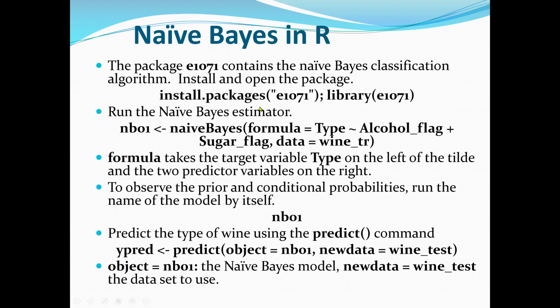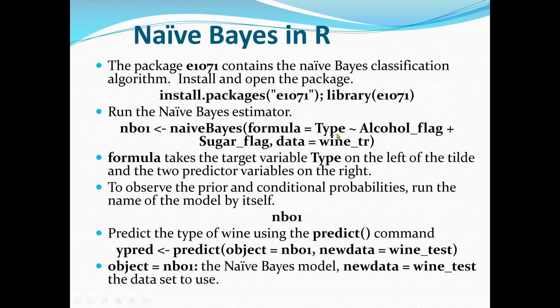The steps are the same. First, load your data. Second, you can do data preparation. Third, apply your algorithm. First we need to get our package. After that, we run the naive Bayes estimator. We are using the data, this time data 1TR.